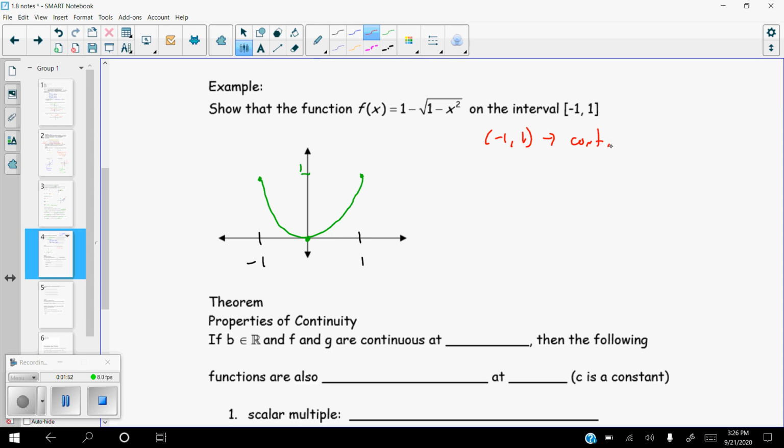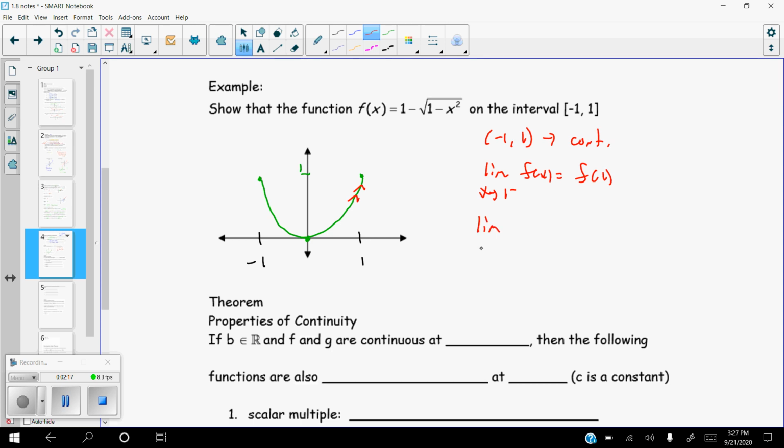But now you have to show the continuity at the endpoints. To show continuity at 1, you have to show that the limit as x approaches 1 from the left side, the only way you can do it, of our function has to equal the function's value there at 1. And it actually does equal f of 1, so that would be good. So it's continuous at the right endpoint.